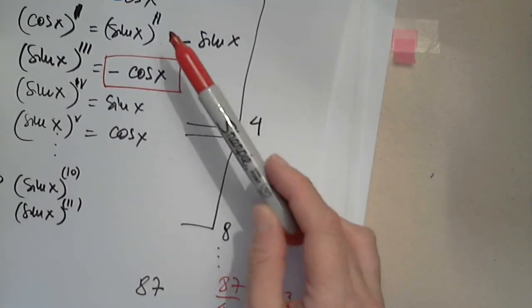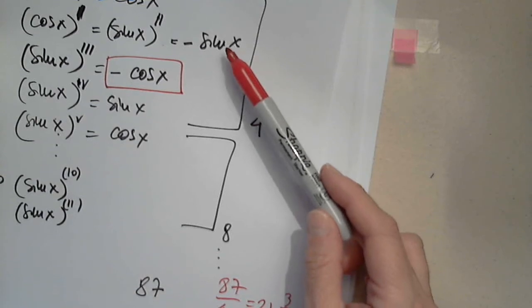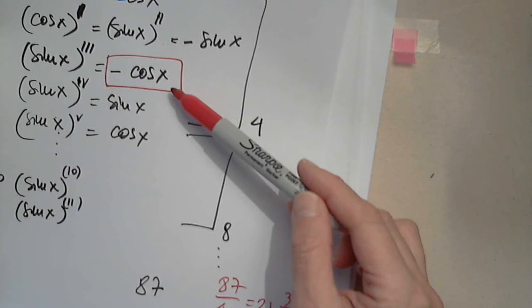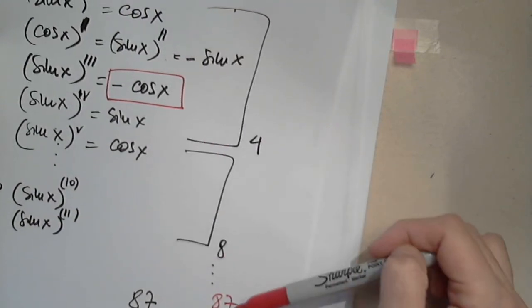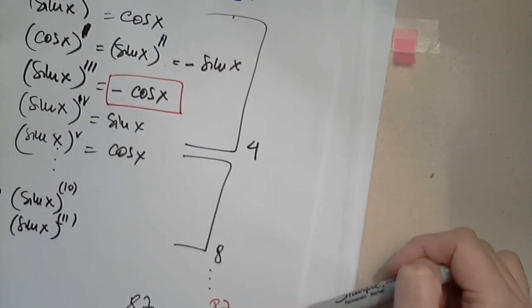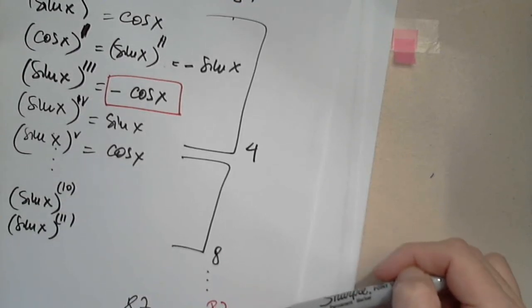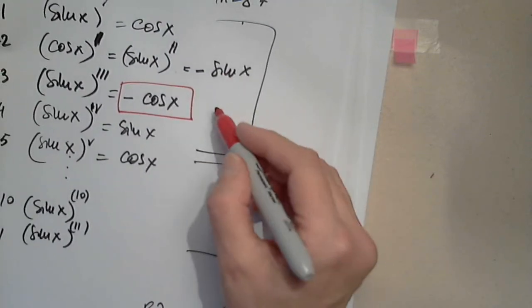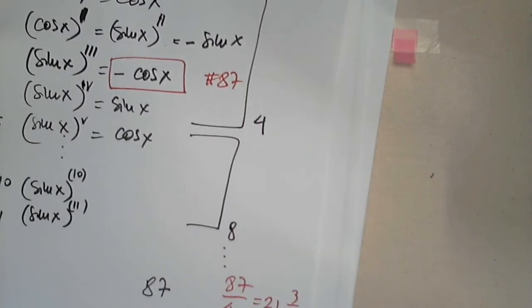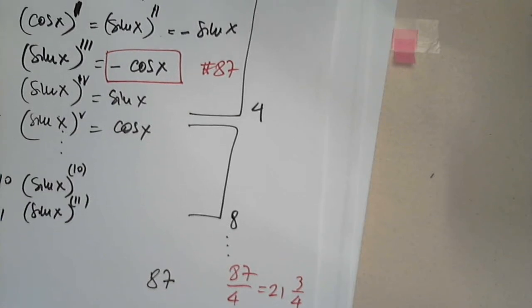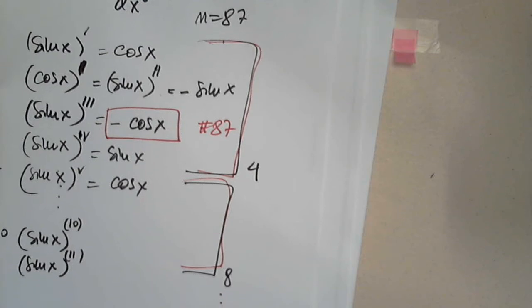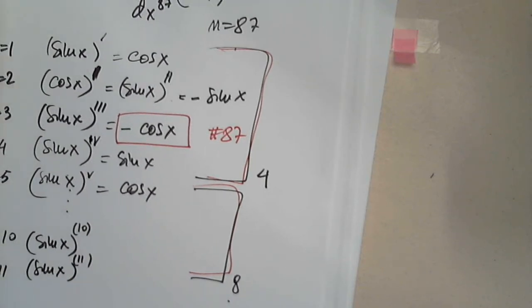It would be 84, 85, 86, 87. So this is number 87. Luckily, they repeat in sets of 4. Does it make sense? Yes, it does.